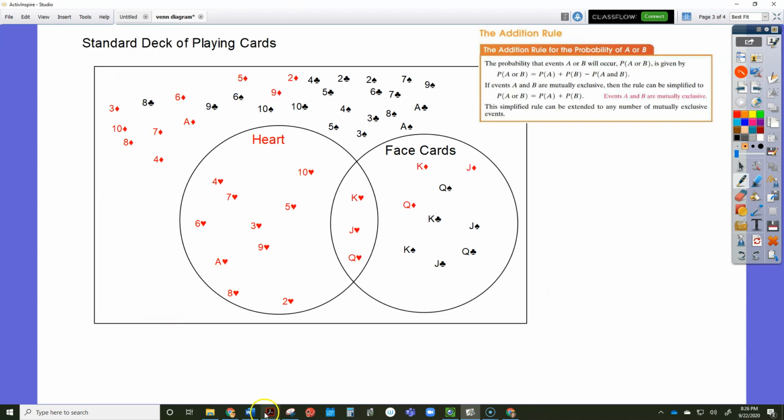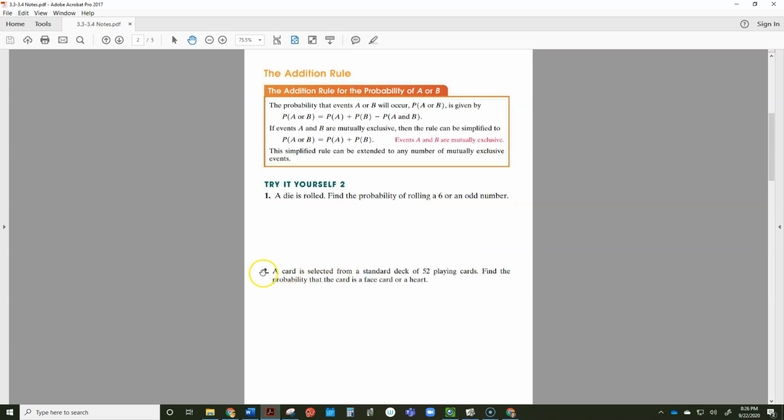But this example right here is on this worksheet. A card is selected from a standard deck of 52. Find the probability that the card is a face card or a heart. That's the one that I'm doing right here.